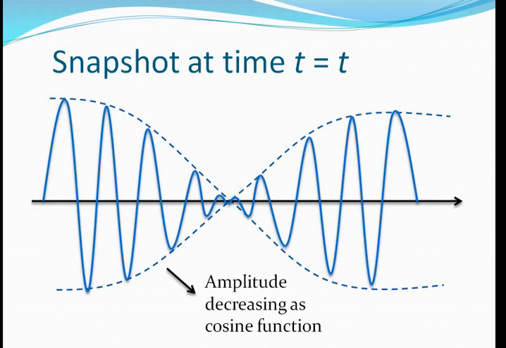So, a beat is heard, a beat is heard again. Whenever the maximum amplitude derived by the combination of both the waves that constituted it is reached, a beat is heard. This beat is heard because both the waves are constructively interfering at that time, and the final amplitude is actually a1 plus a2 at that time.